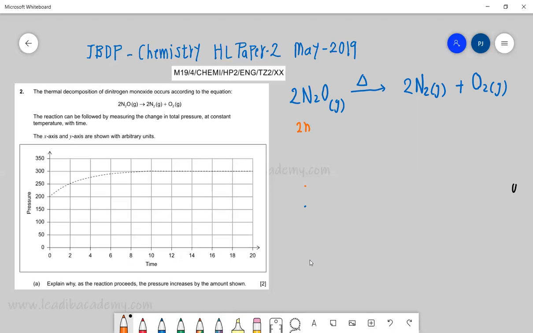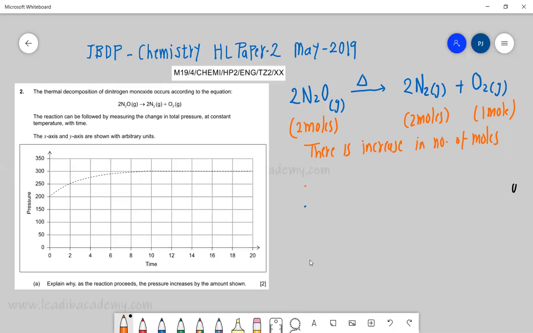Clearly, there are 2 moles of the reactant, and in the products we are getting 2 moles plus 1 mole. So there is a clear-cut increase in the number of moles during this reaction, because reactants have only 2 moles while products have 2 plus 1, 3 moles.